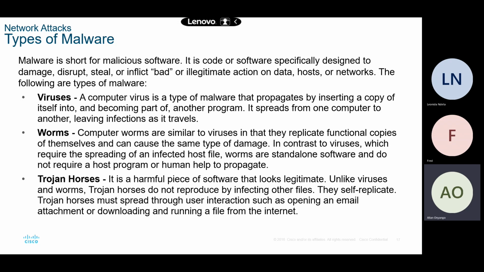The three types of malware, or malicious software, that we have are viruses, worms, and Trojan horses. Of course, we'll talk about many more, but we have viruses, worms, Trojan horses. A virus, like we hear about the coronavirus, is a type of malware that propagates itself by inserting a copy of itself.